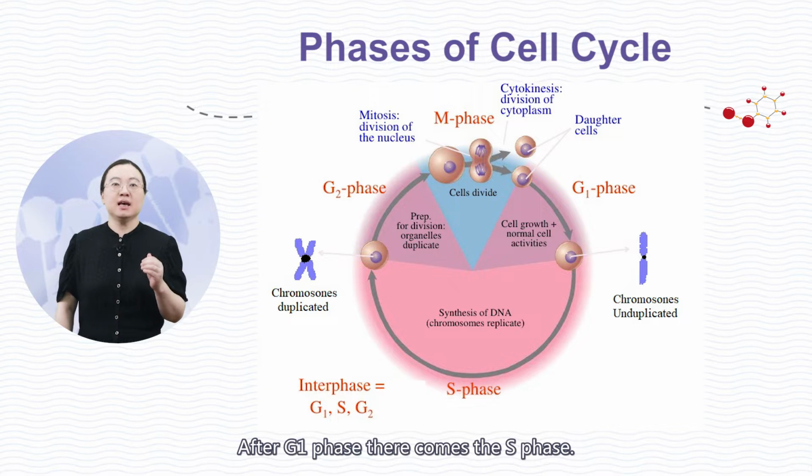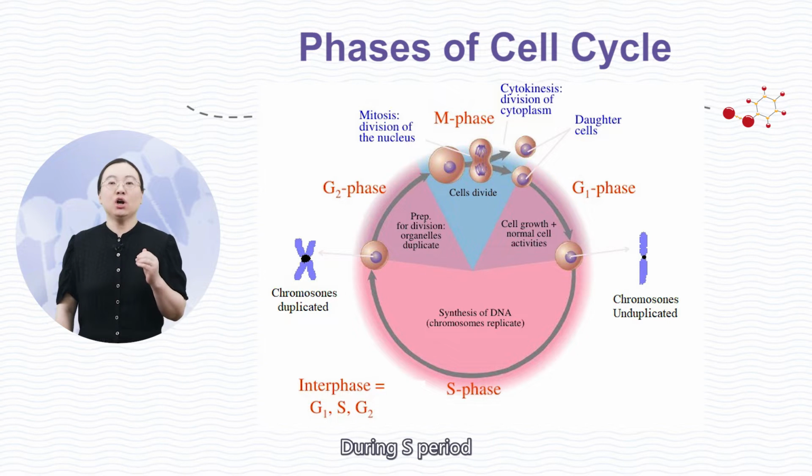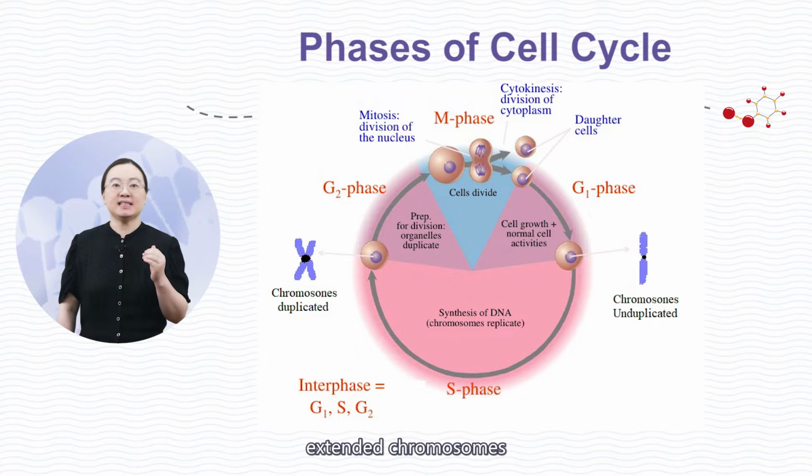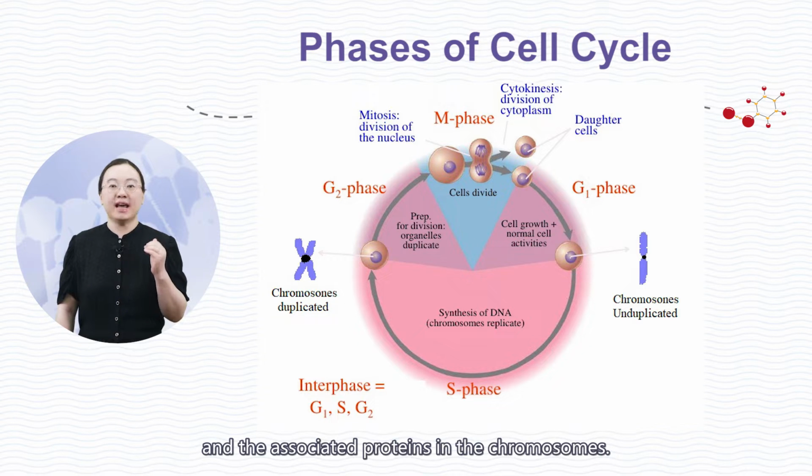After G1 phase, there comes the S phase. It is the phase of active DNA and histone synthesis. During S period, doubling of the slender, fully extended chromosomes takes place, which is accomplished by the doubling of DNA and the associated proteins in the chromosomes.